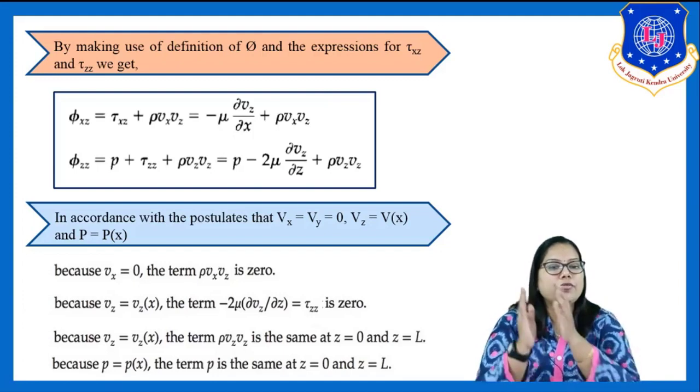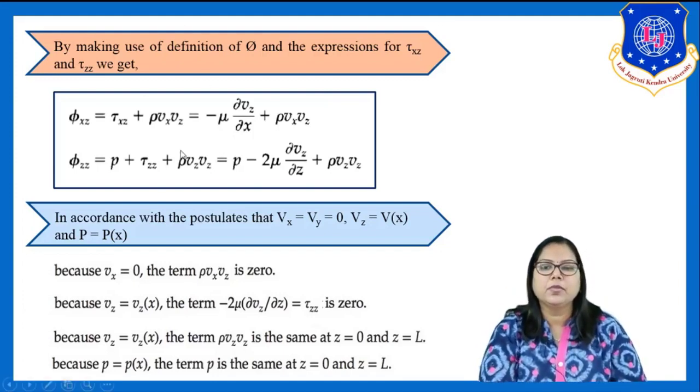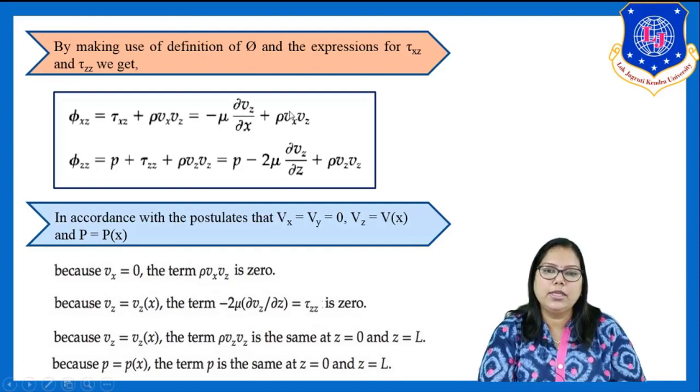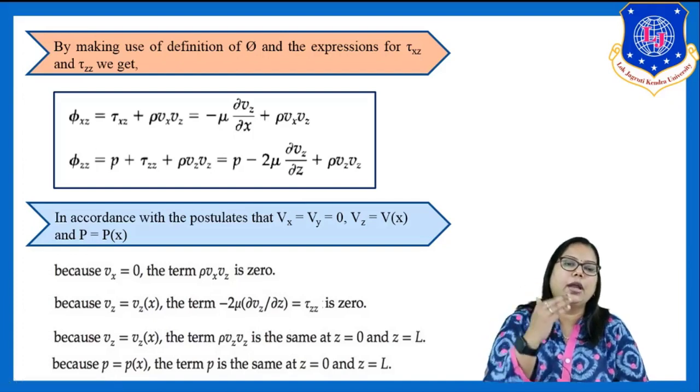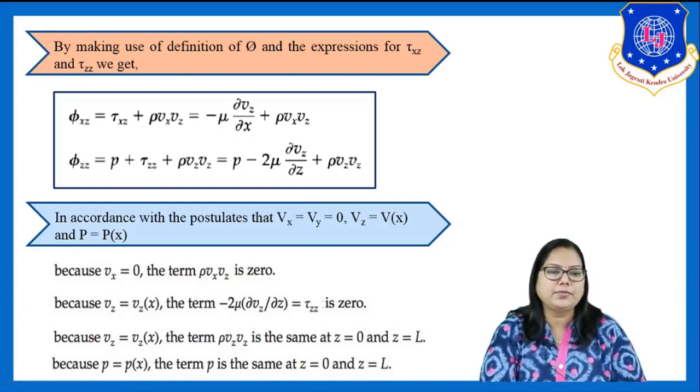Because Vz is a function of x, the term 2 mu dVz by dz is 0, so this 2 mu term will be cancelled out. Also, this rho Vz is the same at z equals 0 and z equals L.